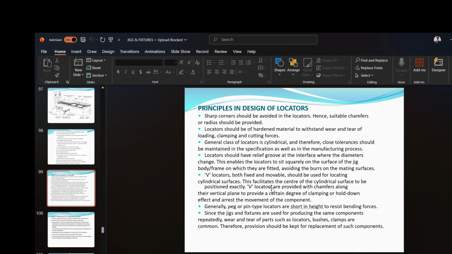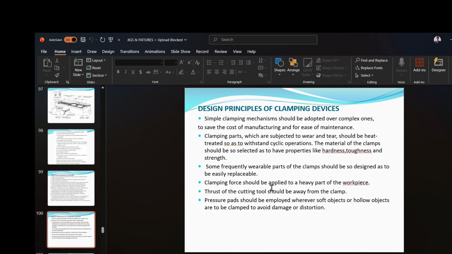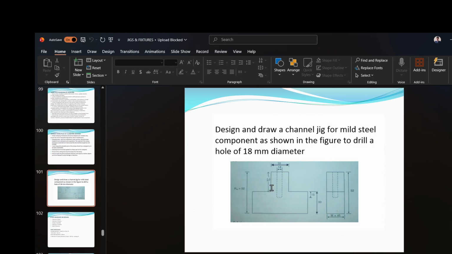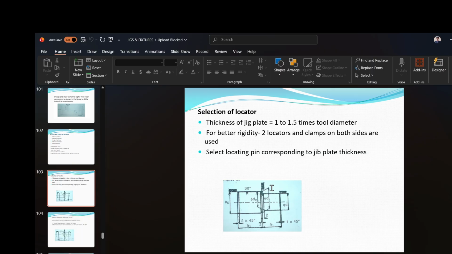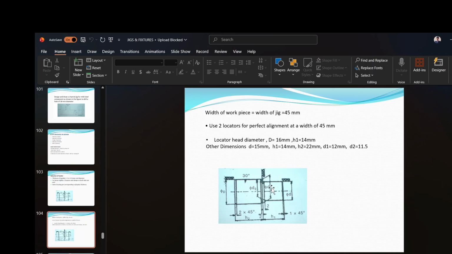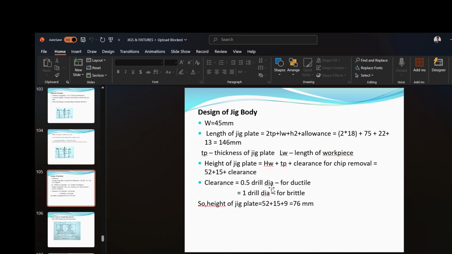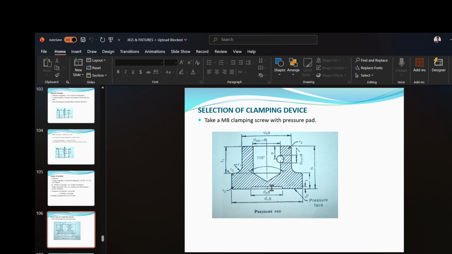Principle of design of locators, design principle of clamping device. So design and draw the channel jig for a mild steel component as per the figure, to drill 18 mm diameter. Step in bar plane design, selection of bush, selection of locator, design of jig body, selection of clamping device.